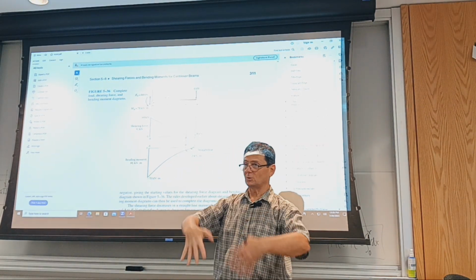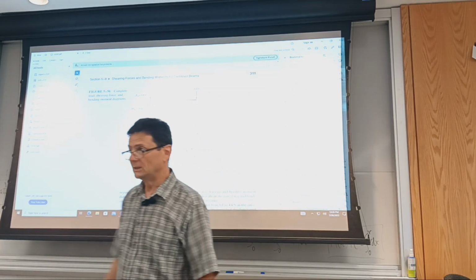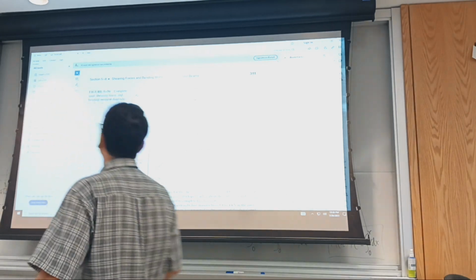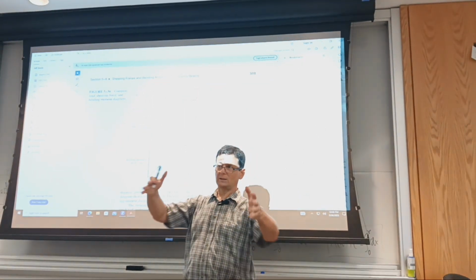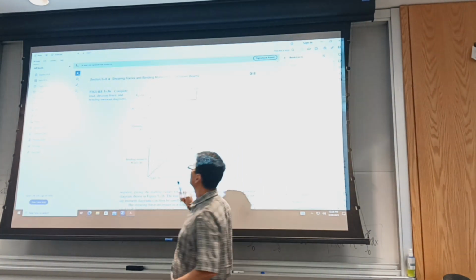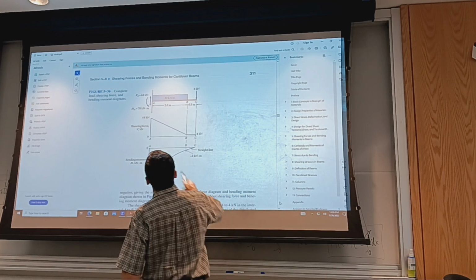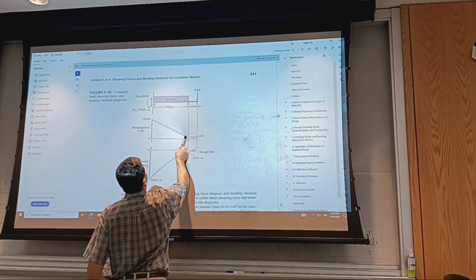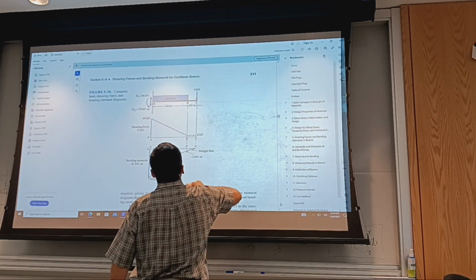It's like a distributed load due to snow or people on a bridge. Many people or cars, say you have a rush hour and it's a traffic jam and the bridge is full of cars. You can model that with a distributed load. Okay, so yeah, the slope here would be this value, and of course with its sign.